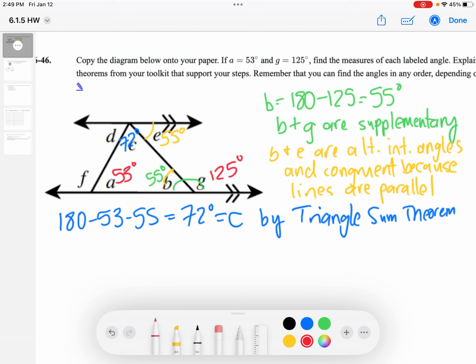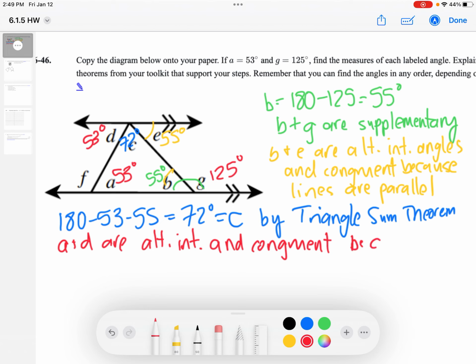So I know that D is going to be 53 degrees because A and D are alternate interior and congruent because the lines are parallel. Another way I could think about that is to say that together, those three angles are supplementary, right? That would give me the same value.